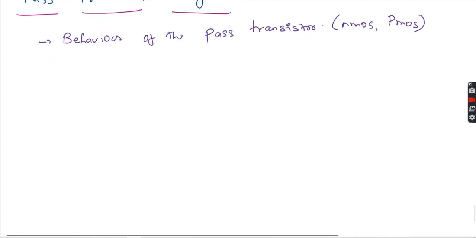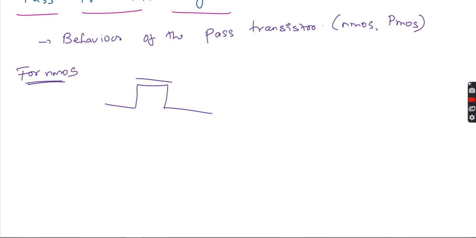Before that, let me tell you something for NMOS. See, this is the NMOS. When I am going to give the input, consider this as either source or drain, anything you can take. The gate will be applied to VDD. Here I am going to give the input, and here we are going to take the output.